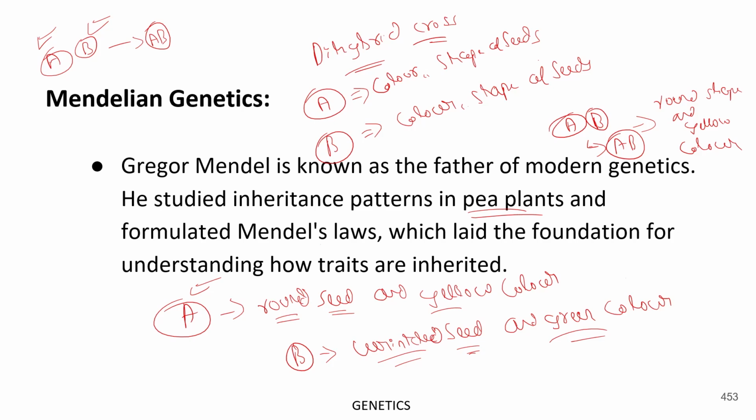So somewhere this is a struggle for power, which is more precisely the dominance. Based on this understanding, he formulated Mendel's laws of genetics. Got it? So let's start the discussion.